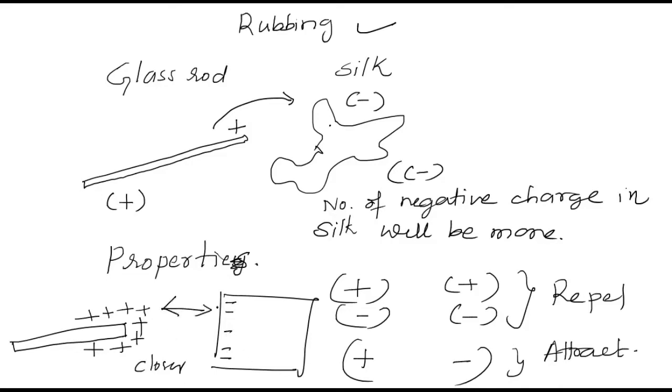Because of which here there will be more negative charge. And who brought this negative charge? It is because of the positively charged end of the glass rod. We have not touched this. We have just brought this near, and suddenly there is some flow of charges here at the end. With this information, we'll move further now.